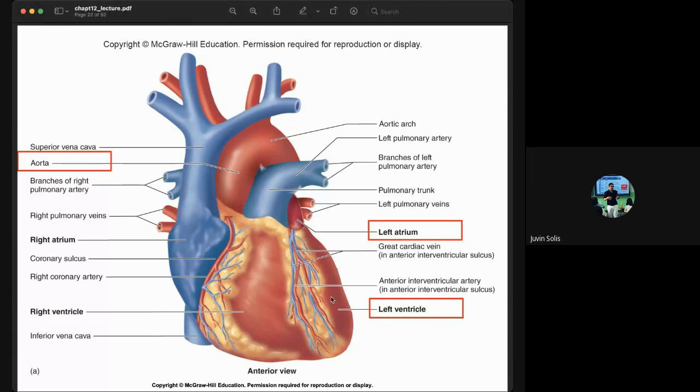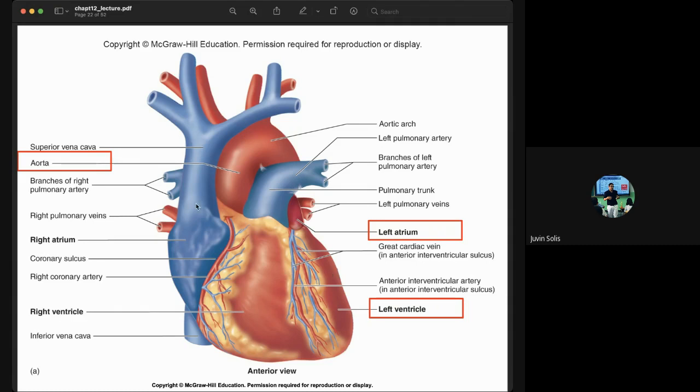Okay, si left ventricle, this part here, they will open to aorta. Okay, so this is thicker, contracts more forcefully, and higher blood pressure than your right ventricle to get to the body. Okay, so mas malakas yung kanyang pressure compared kay right ventricle.